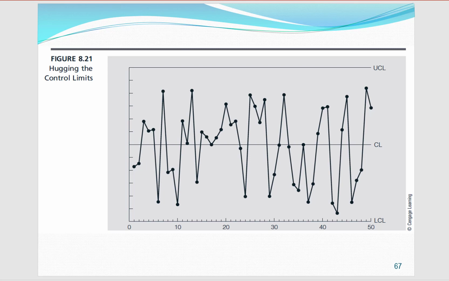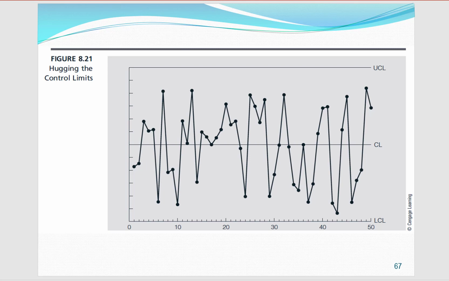So these are several types of variations that could happen, that would be a tip for us that there are special causes present, and that we must intervene and correct the situation before the production process goes on. This way we are continually monitoring the process, maybe every hour, or very frequently, and that way we don't have to wait until the end of the shift or end of the day to do some kind of sampling to check quality and realize that there are reworks or scraps to be dealt with.